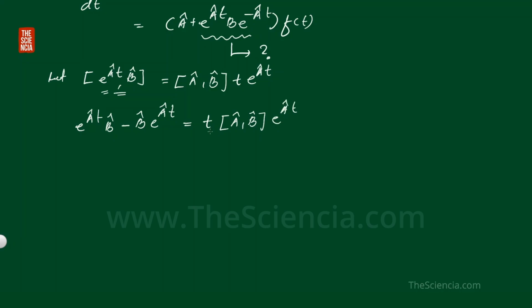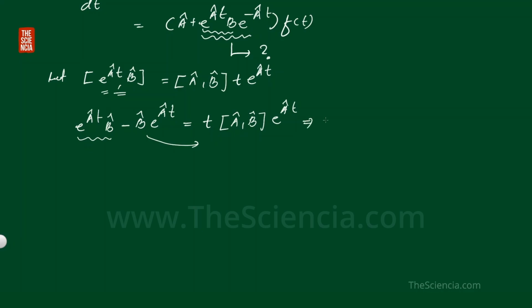Here I can take this t at any position because it is not an operator, but I cannot change the position of operators. First I am going to find out the value of e^(At) B. So I take the other term to the right-hand side of this equation.